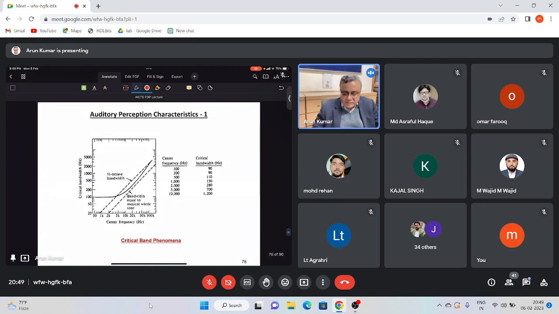Now, in the subsequent few slides, I will explain some of the important auditory perception characteristics. One of them is called the critical band phenomenon. According to this, different portions of the inner ear are sensitive to different frequencies.